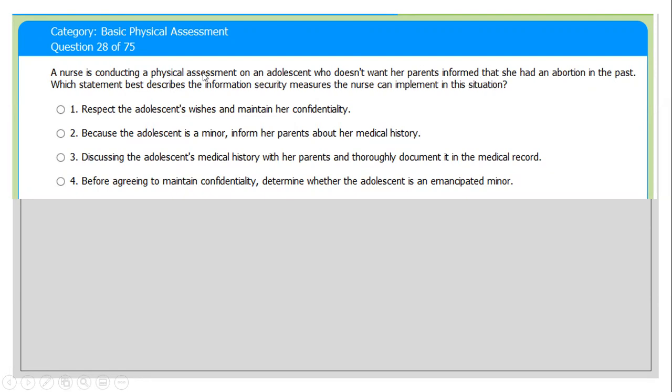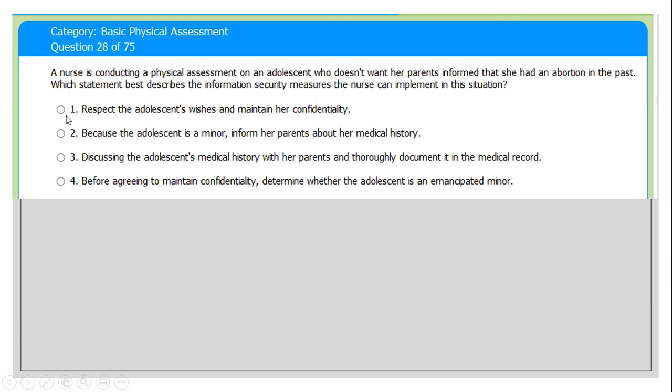My patient is an adolescent, but she does not want to disclose to her parents that she had an abortion before or a sexually transmitted infection before, right? This is a question about privacy. This is a question about the emancipated minor, because my patient is an adolescent, right?